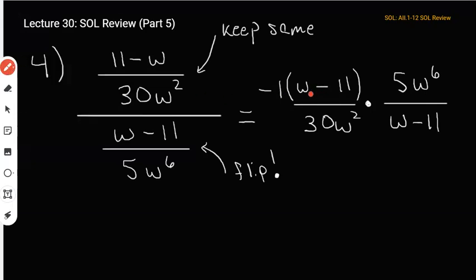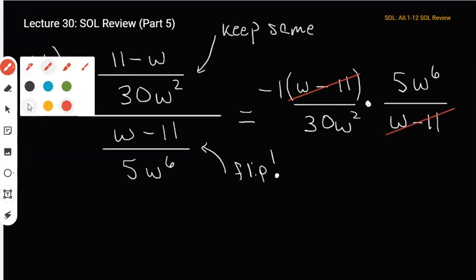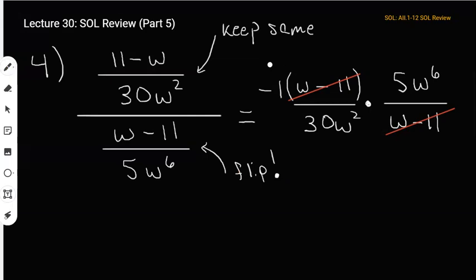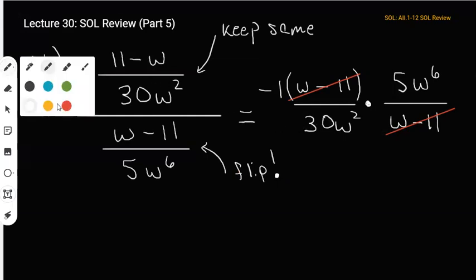What we can do after that is we can cancel out the w minus 11 on the top and the bottom. So now that those are gone, the only thing that should be left on the top of the first fraction should be this -1 right here. Now what about these two right here? I have a 5 on top and a 30 on the bottom.